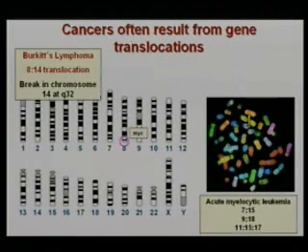Now, going back to the very first DNA tumor virus that was discovered, which is the virus that causes Burkitt's lymphoma, Epstein-Barr virus, when you look at patients who've got Burkitt's lymphoma, what you see is they've got breaks and rejoining of their chromosomes. So they have hybrid chromosomes.